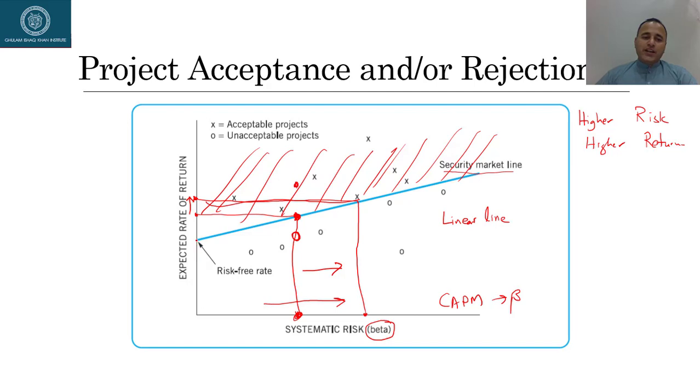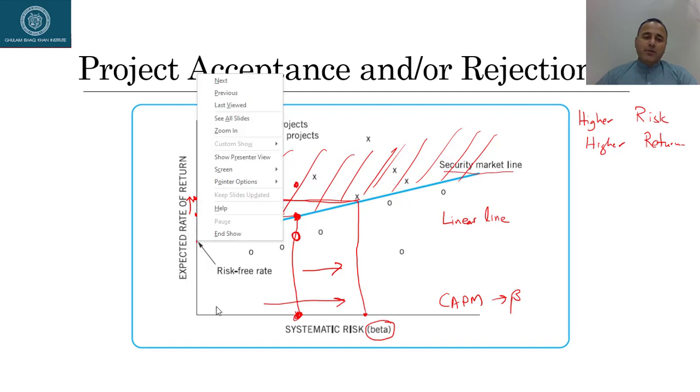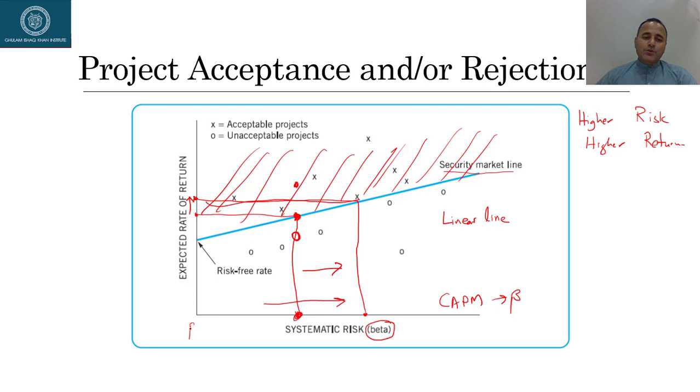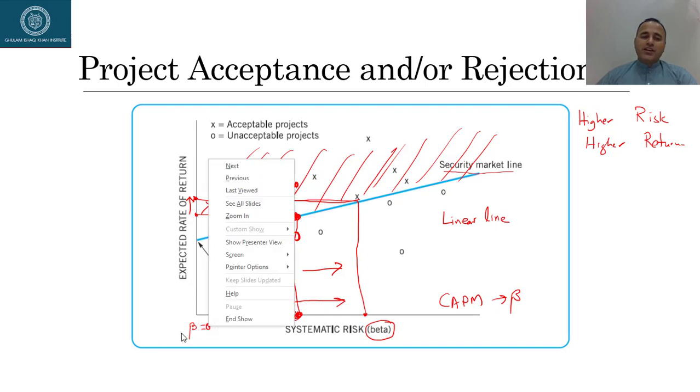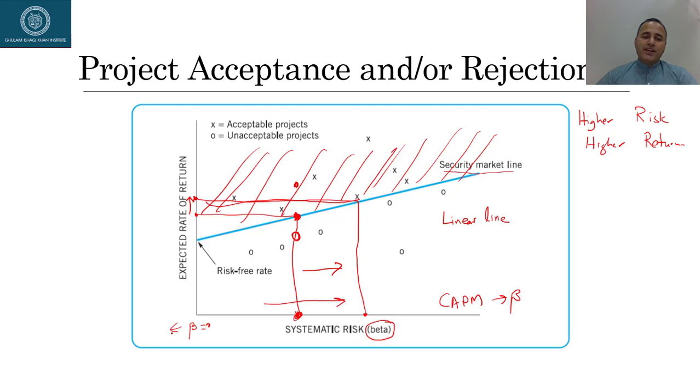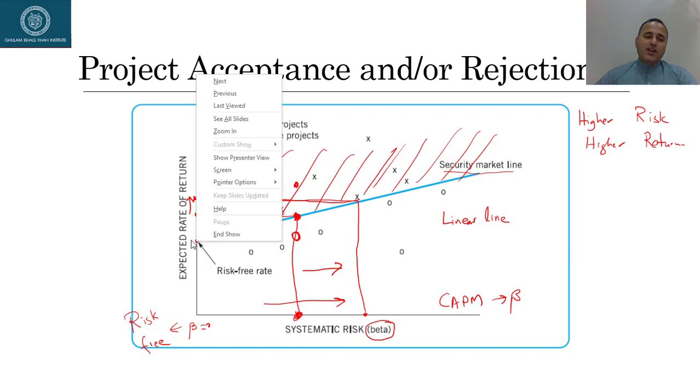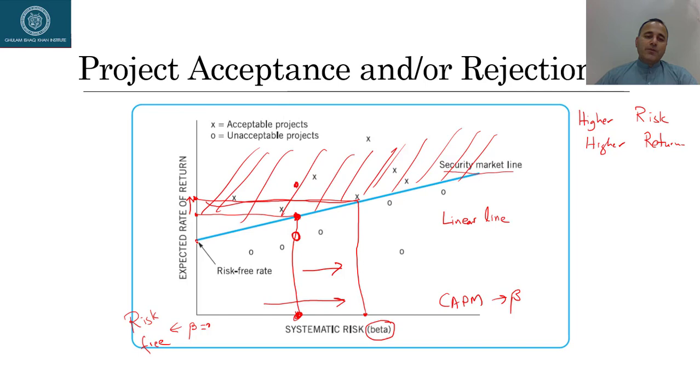This is the risk-free rate. The reason is that here beta is equal to 0, so it's a risk-free security. The minimum return is whatever the risk-free security pays, like government bonds. For example, in Pakistan, it's the Pakistan Investment Bond.